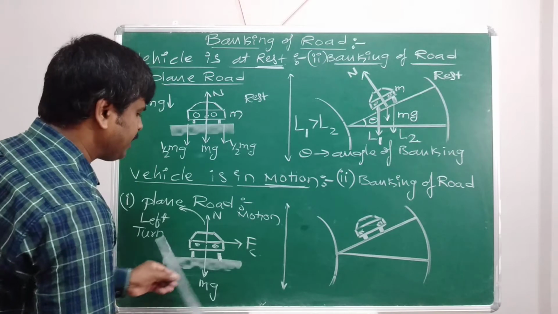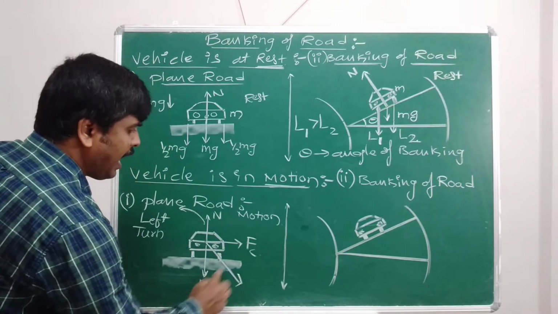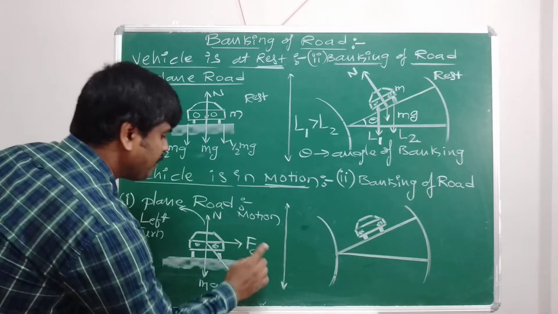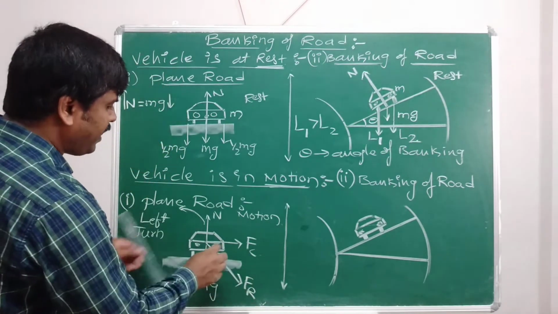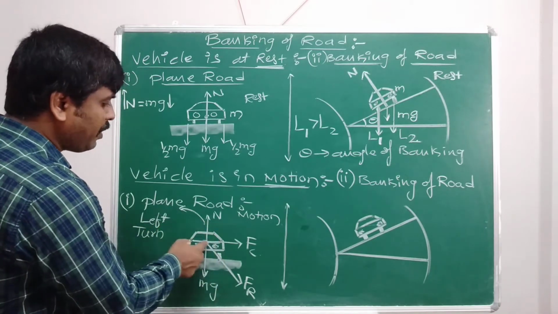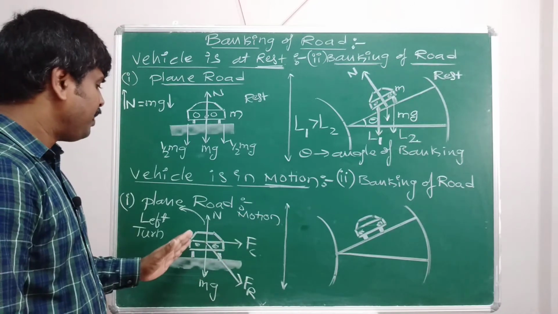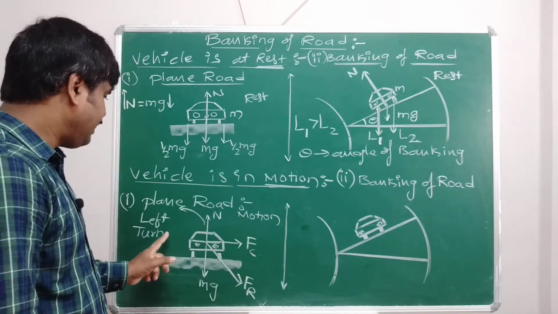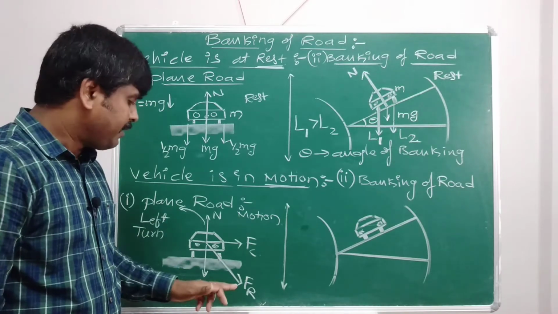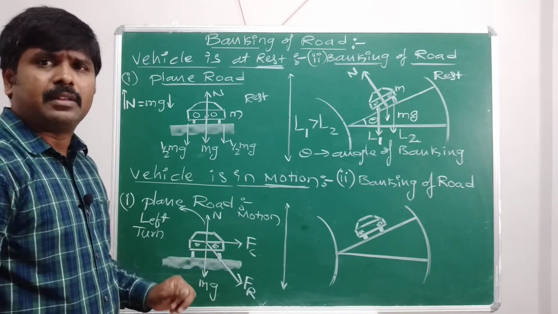The resultant force of mg and centrifugal force is taken as F. Along the F direction, is there any force? There is no force. That's why there is a possibility of the vehicle skidding to the right side whenever taking a left turn, because the resultant force is not balanced by any other force.